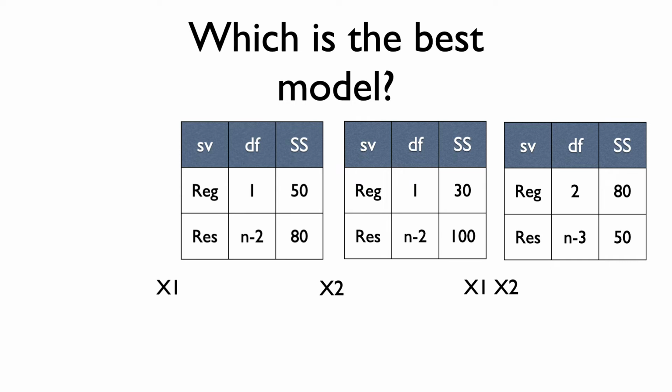Now let's think about the absurd example. Here's y, here's x1. Let's say y in this case is height.